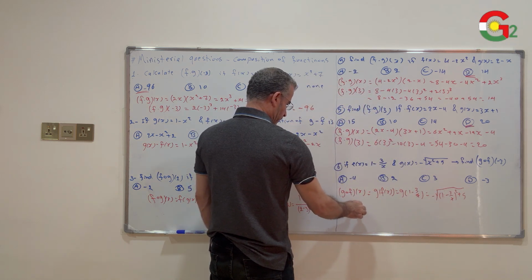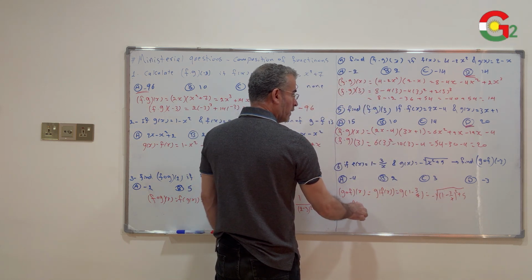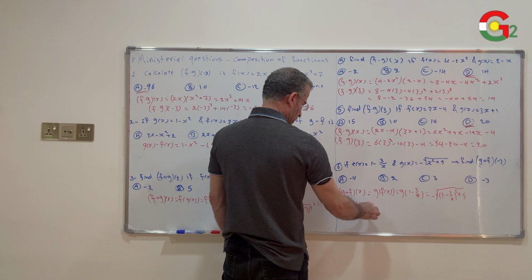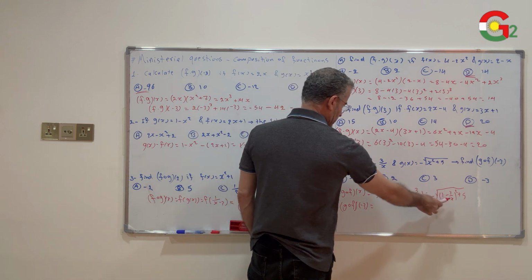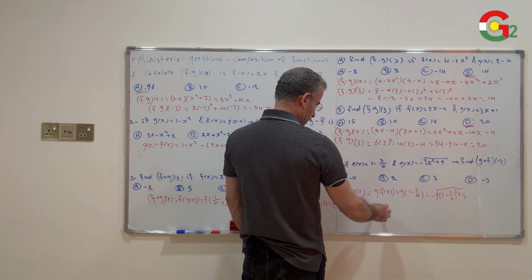G of f of negative 3: replace every x in the function with negative 3.